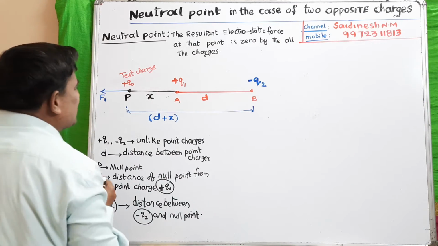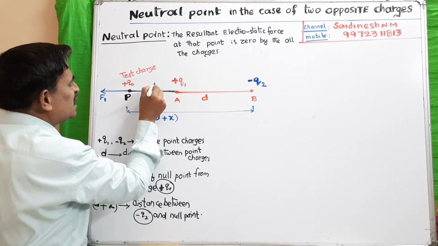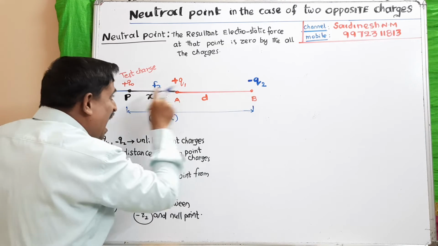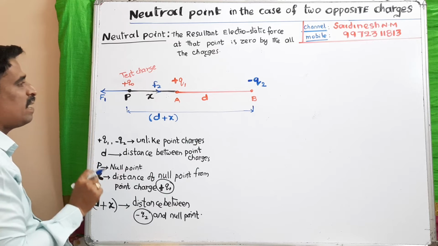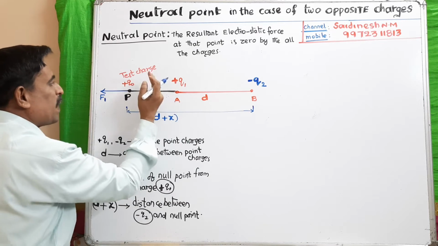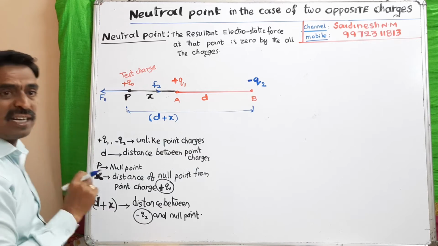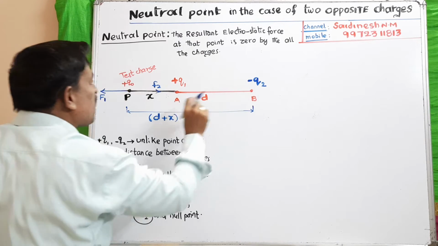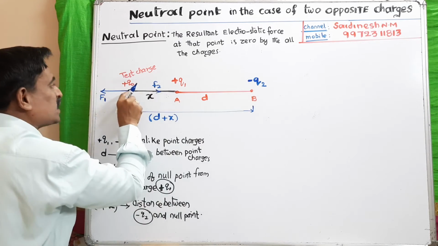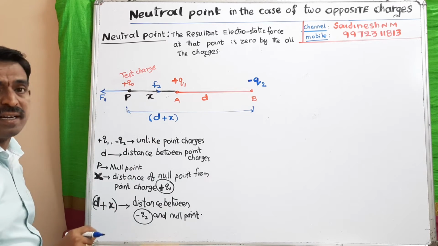Now please listen here. At the null point P, the first charge is applying a repulsive force along the AP direction. The second charge is applying an attractive force along the PB direction.